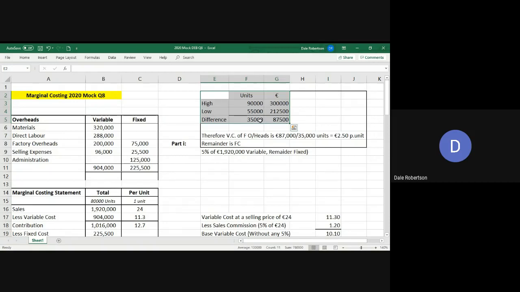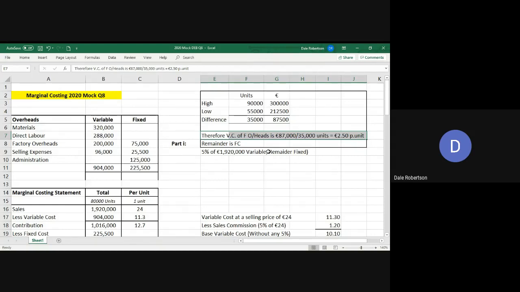We can then say that the difference in cost of 35,000 units is 87,500 euro. Therefore, the variable cost of factory overheads is 87,500 divided by 35,000 units, or €2.50 per unit. And then the remainder is fixed.